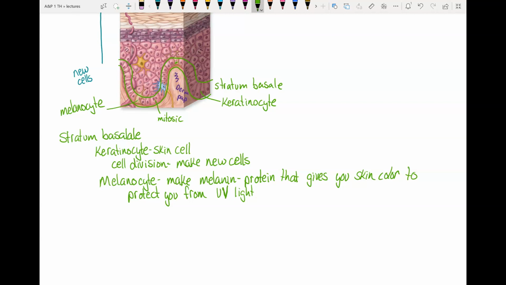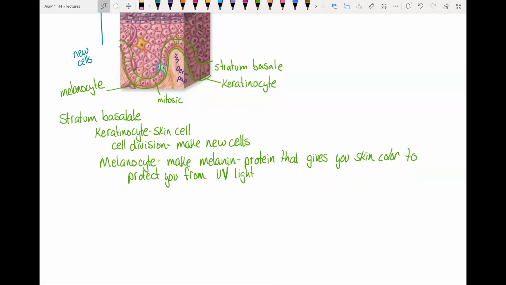And when it makes the melanin, it packages it in a melanosome. So a melanosome is just a package of melanin.